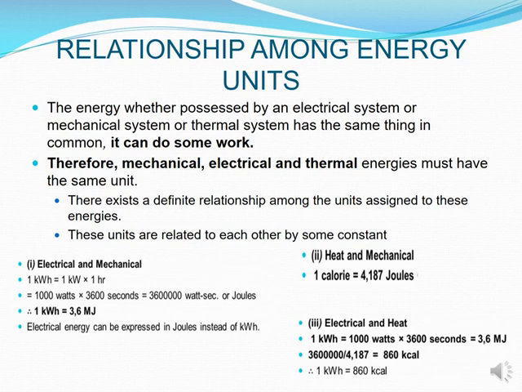So therefore, between your electrical, which was the first one that you had, and your heat, which is the second point that you have, you will take that 3.6 megajoules that we had on the first one, and you divide by the 4.187 we had on the second one, and that will give you the relationship of 1 kilowatt hour then being equal to 860 kilocalories.